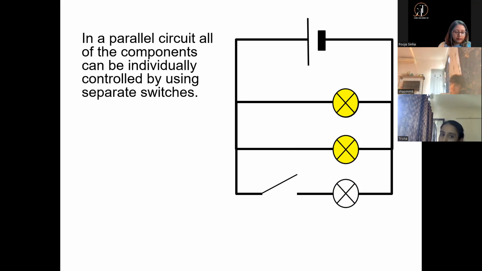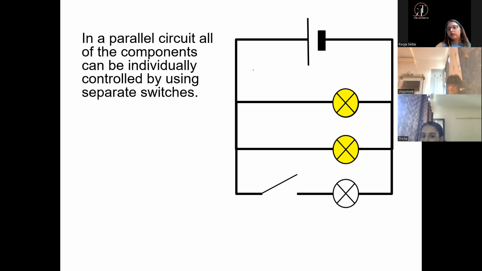So 2 advantages of a parallel circuit. You can switch them off separately. So if you switch one on, all of them won't switch on. And second, will the voltage differ?